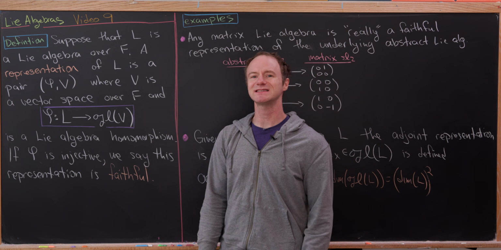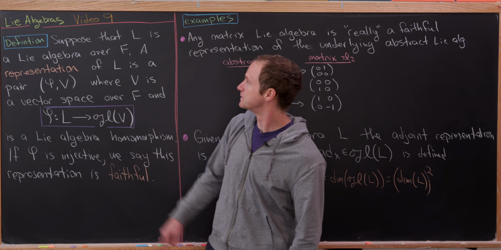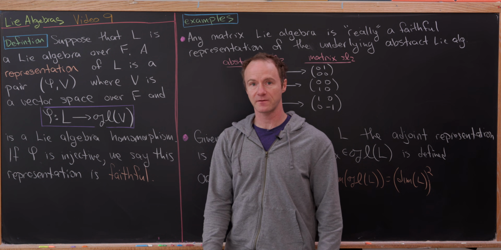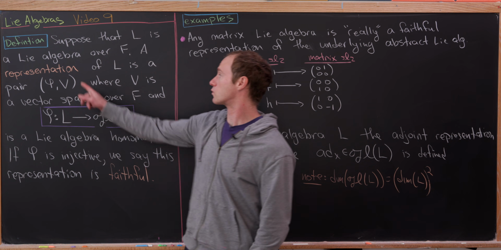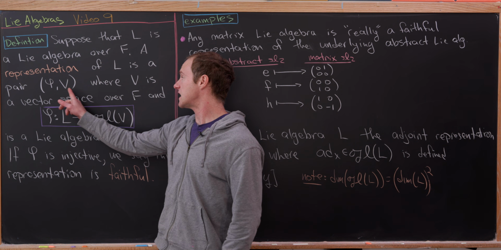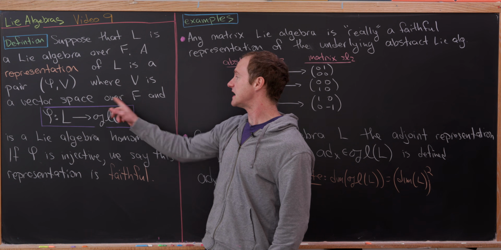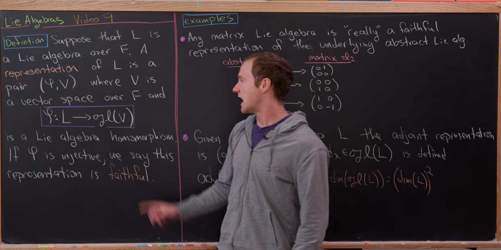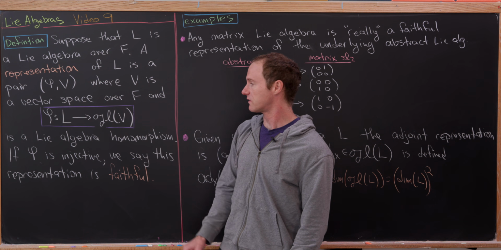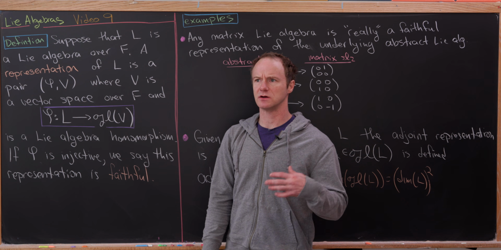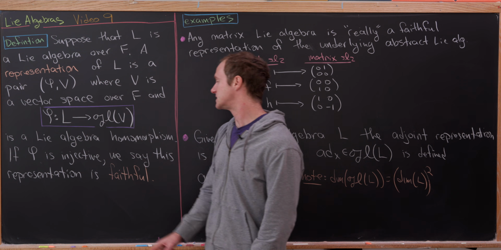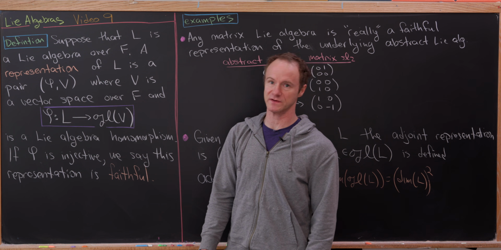Okay, so let's get into our first definition. Let's suppose that L is a Lie algebra over a field F. Then we'll define a representation of L to be a pair (phi, V), where V is a vector space over F, and phi is a map from L to GL(V). That's all linear transformations from V to itself, and this map must be a Lie algebra homomorphism.